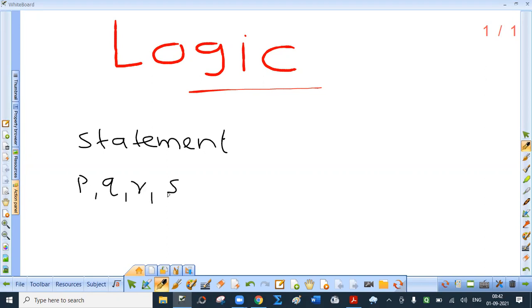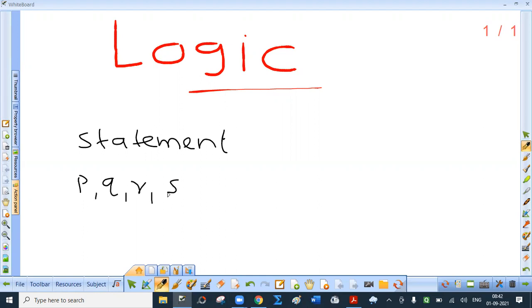Suppose I write these sentences. The first one is: the sum of two odd integers is an odd integer. Can you call this sentence a statement?